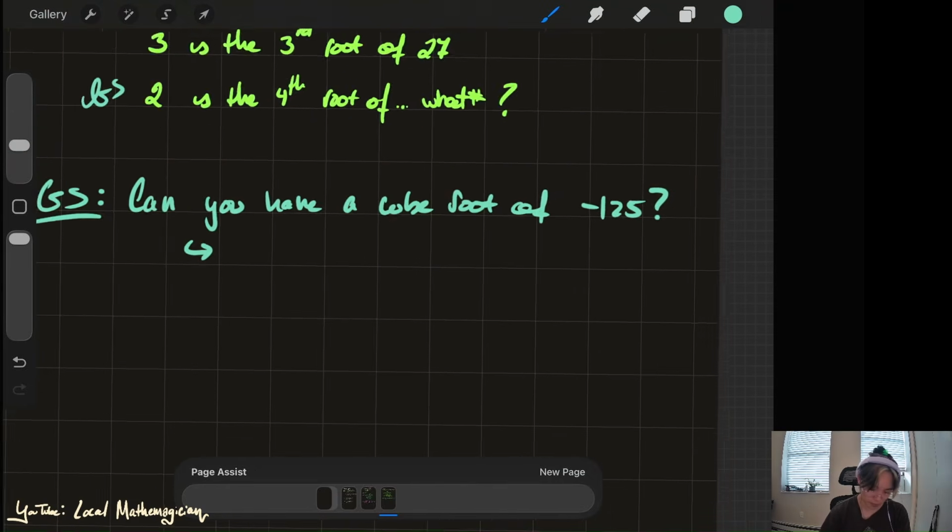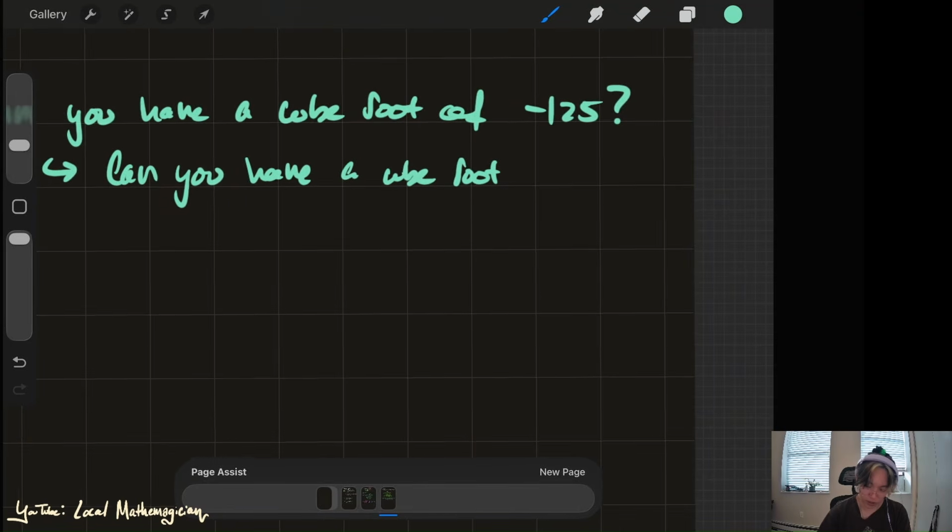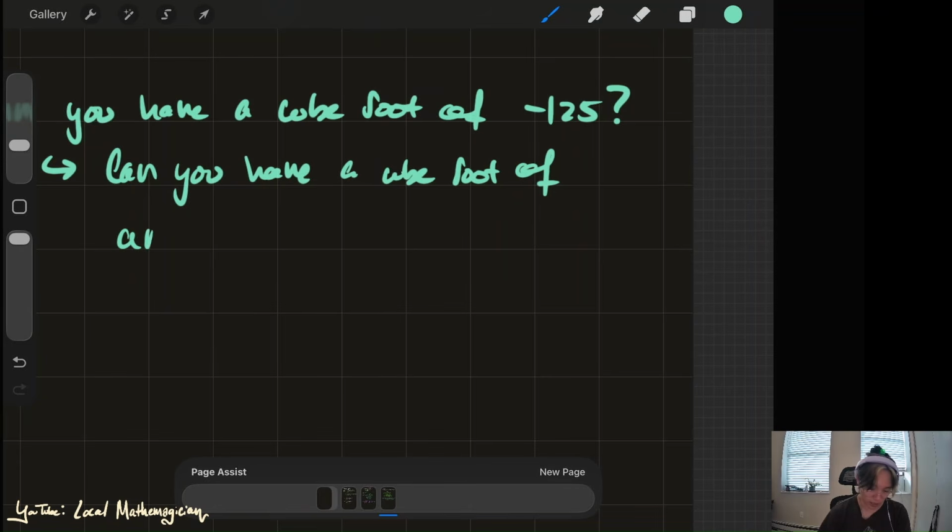Follow up, can you have a cube root of any negative number? Whether or not the number is a perfect root, like 5, 1/3, whatever, is a different can of worms, right? It could be an ugly decimal and that's still valid, okay? So the question is, can you have a cube root of any negative number?